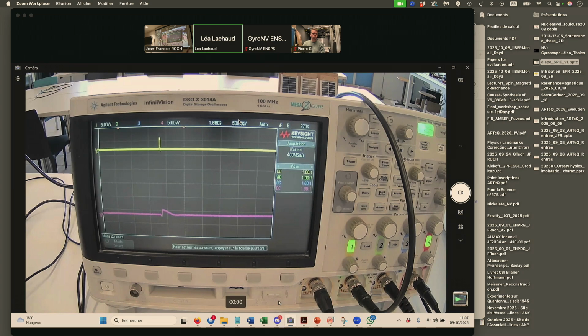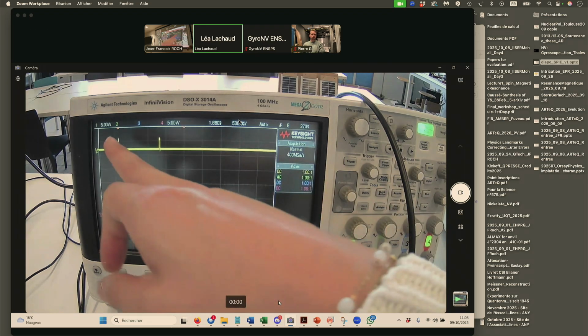Because when you have a pi pulse, we have no transverse magnetization, right? So the signal we get must be minimum. You see that you don't really manage to cancel it perfectly because of imperfections of the setup, right? But still here we have a quite good pi pulse.